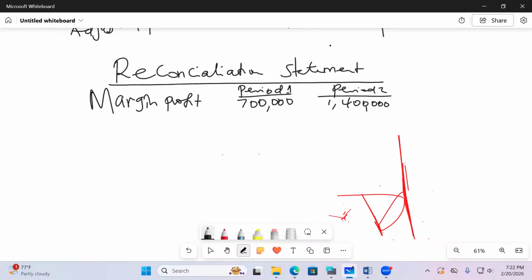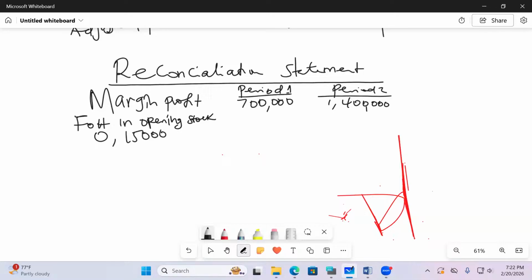So then you'll come and give me the fixed overhead in opening stock. Are you able to remember our opening stock units? If you have forgotten, the first was 0, period 2 was 15,000.